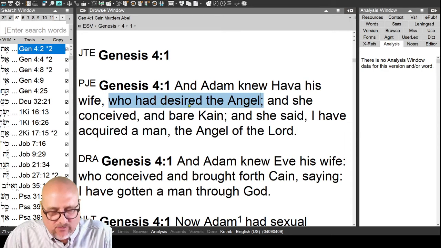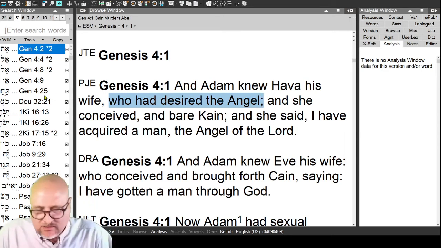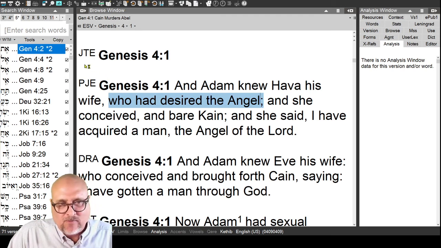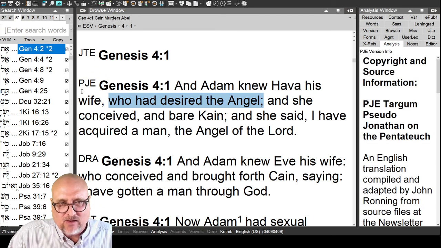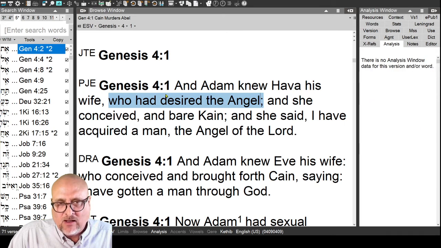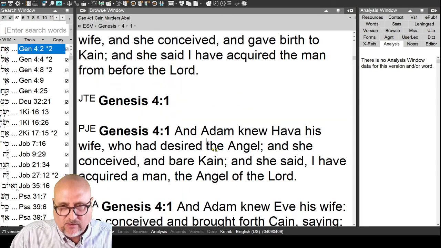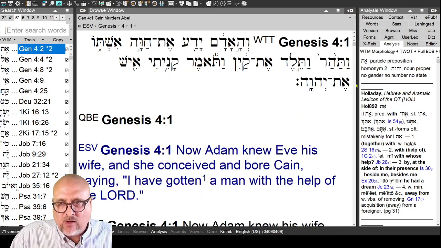Now that's picking up the whole Genesis 6 thing, and I think that's the wrong way to read that passage, but this is how the Pseudo-Jonathan is doing. She desired the angel, and she conceived and bore Cain, and she said, I have acquired a man. Who is that man? The man is the angel of the Lord. How is Pseudo-Jonathan reading this word et?